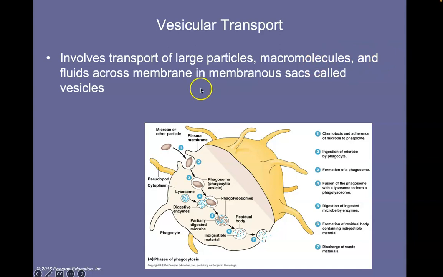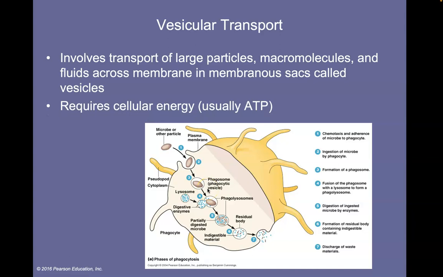And this is a way that we can transport things through these membranous sacs into and then also out of a cell, okay? Through vesicles. So this is kind of showing you this cell is transporting a microbe, which is a large particle, right? If you're talking about the cellular level here. And so a lot of times you can transport that into the cell by trapping it in a vesicle, okay?